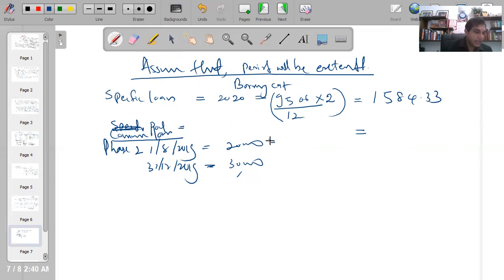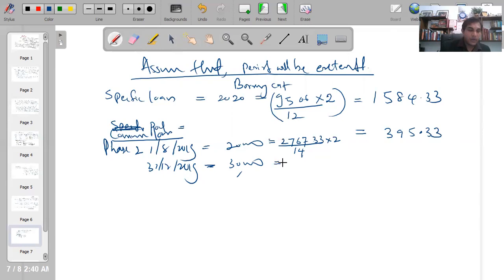The total interest value was 2,767.33 for 14 months, multiplied by 2. 2,767.33 divided by 14 multiplied by 2, so you would be getting 395.33. That is the amount to be excluded.